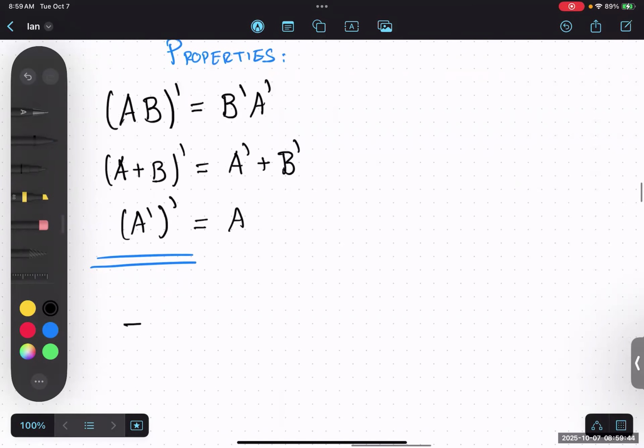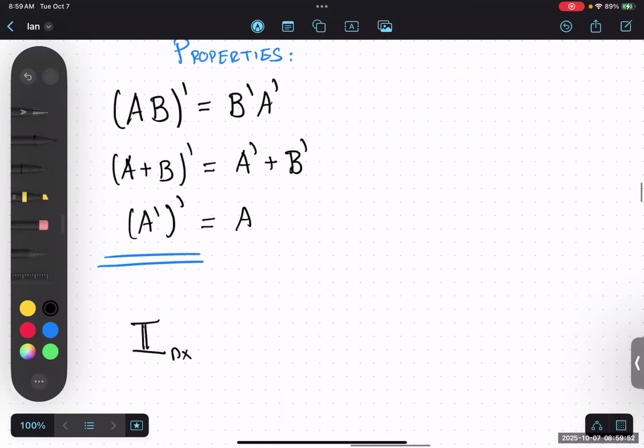Let me define what we know as the identity matrix. The identity matrix is a square matrix. Square means that you have the same number of rows and columns. So it's a square matrix with only ones in the main diagonal and zeros above and below the main diagonal. For example, you start with 1, your second element is 0, 0, and then you continue in the same fashion.